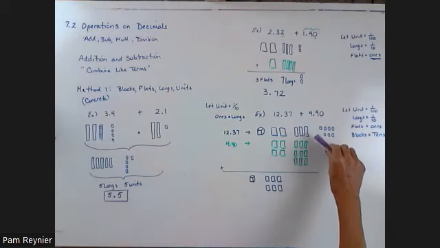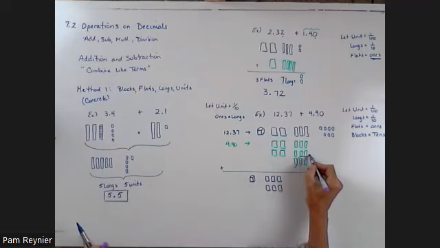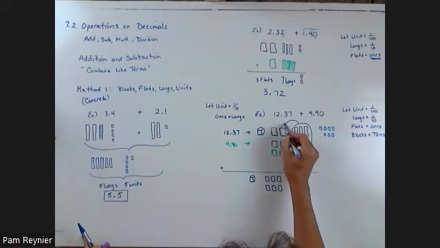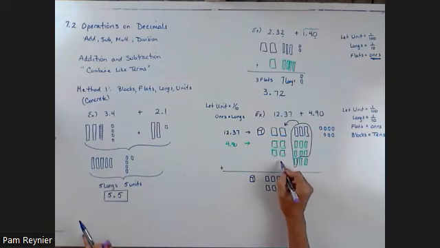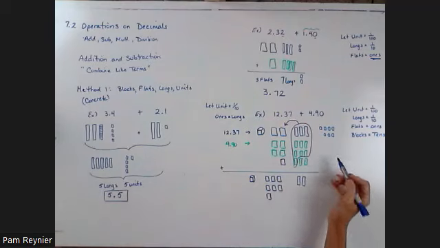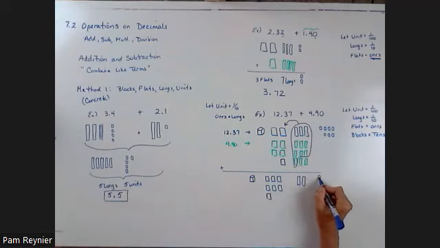In fact, we have 3 6 9 12 of them. So I can rebundle, I can regroup 10 of these and carry them or rebundle them and create one more flat. Which leaves us with 2 longs left over and the same 7 units we had before.